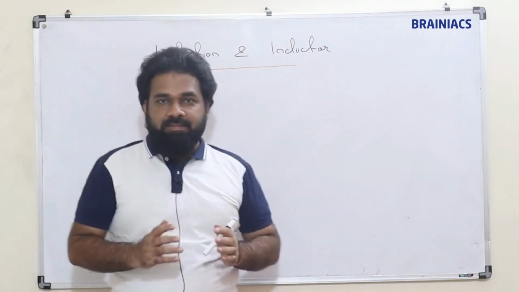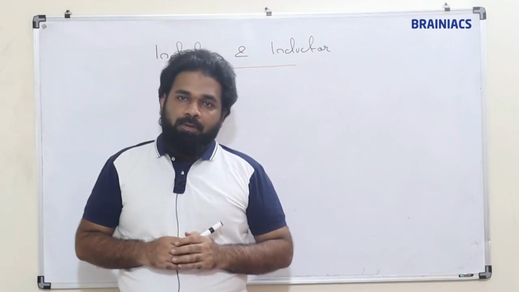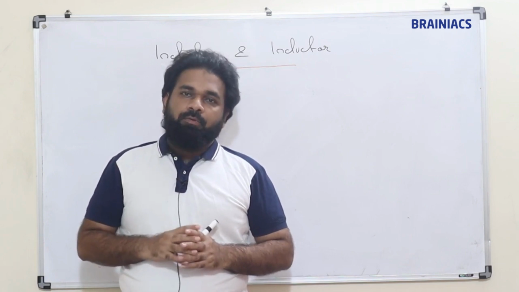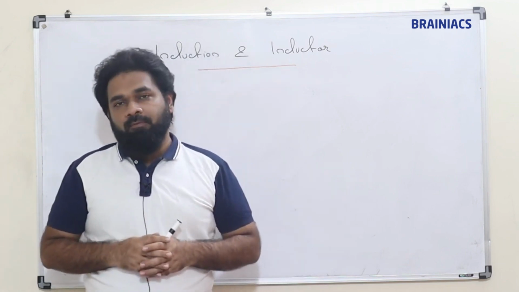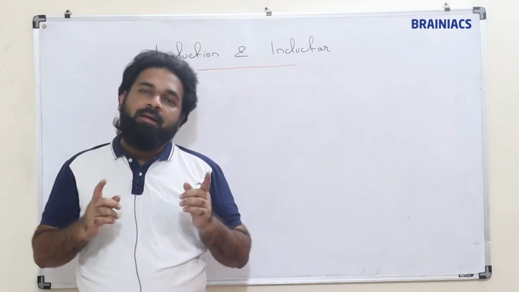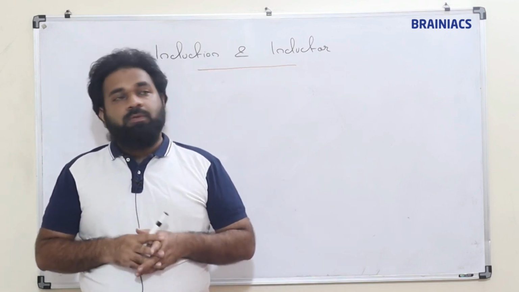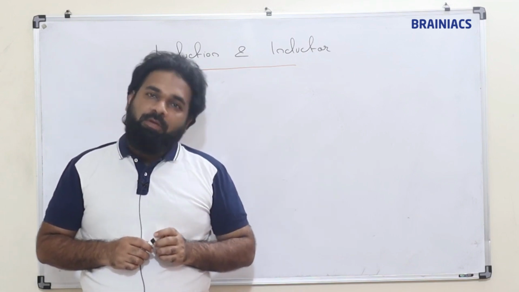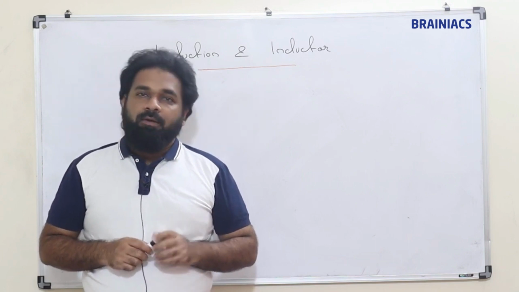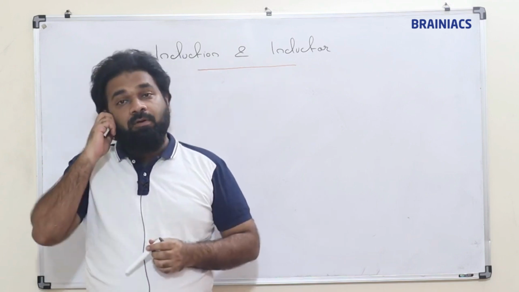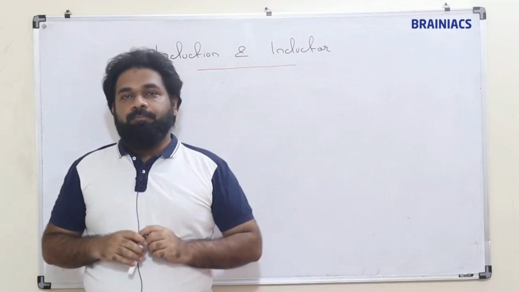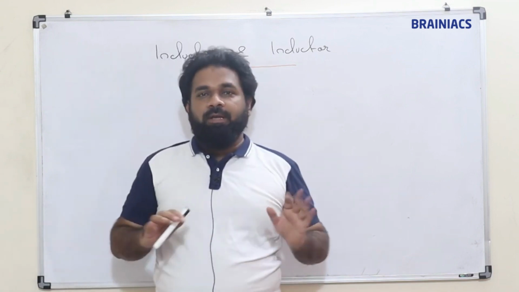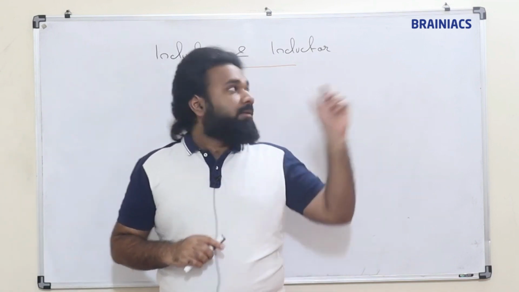Just like resistance is a property that opposes the current, and we used that resistivity property to make resistors, in the same way we make use of electromagnetic induction and make such devices, which are called inductors.